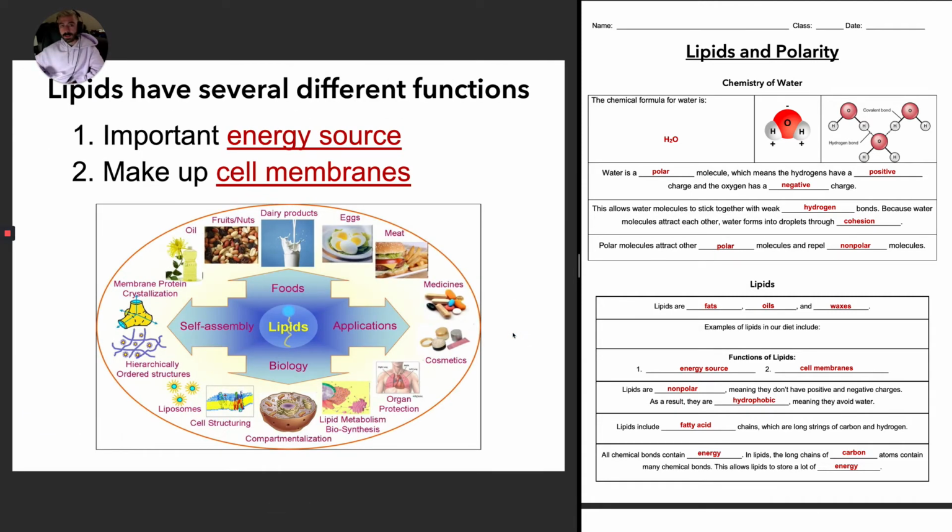So lipids have really two main functions that they serve. The first is to be an important energy source, in the form of things like oils, fruits and nuts, dairy products, eggs, meats, and so on. The other important function that they serve is to make up cell membranes, which is where we're going with this.